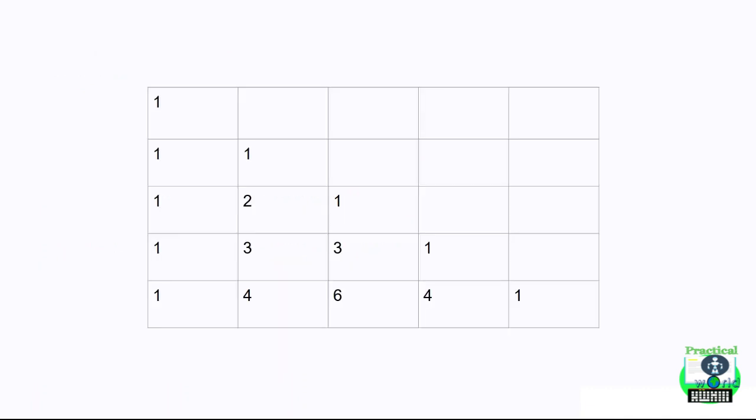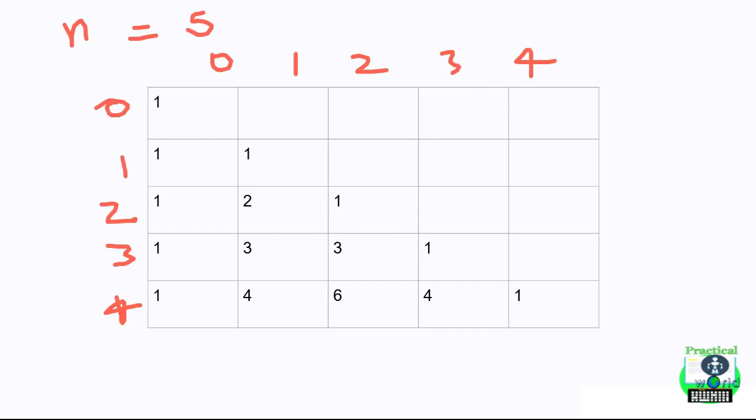If I convert the given Pascal's triangle into a 2D matrix and assign indexes, you can see we have 5 rows from 0 to 4. If this is our i, for the 0th row we have i plus 1 column.